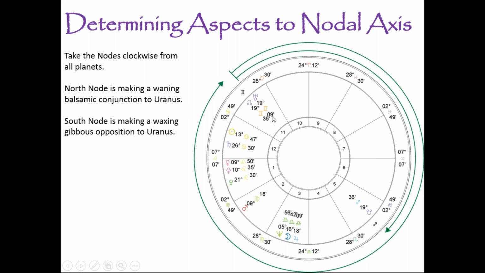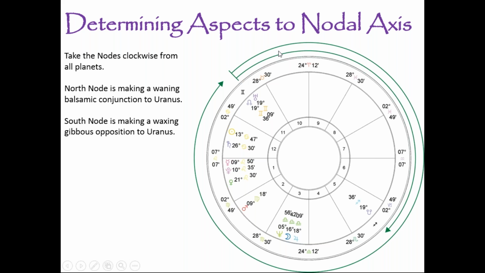From the same starting point, which is the planet Uranus, if you follow the inner circle around, you get almost halfway around the chart to the south node, and the south node is making a waxing or gibbous opposition to Uranus. If you look at this by degree, Uranus is 19 degrees Gemini, 9 minutes.